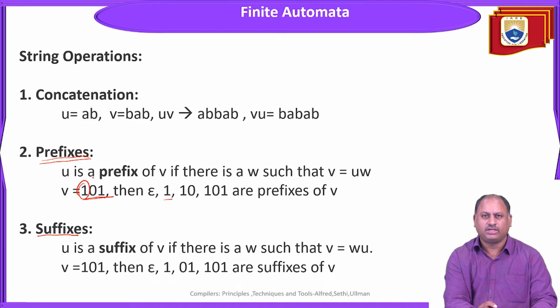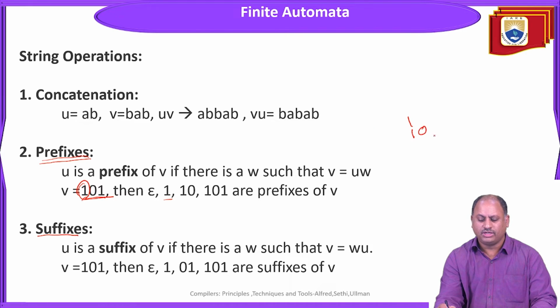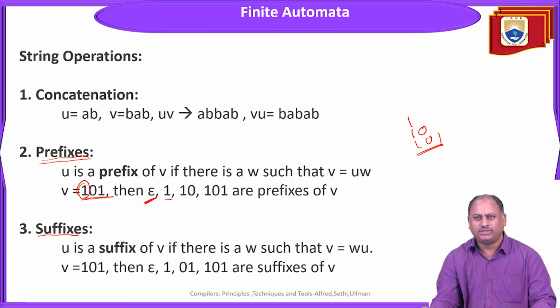What are the characters available before the rest of the string? That means the first character 1, the first two characters 10, and the three characters 101. Those are called prefixes. And we can also add epsilon, the empty string. Why? Because epsilon is an empty string defined over an alphabet, and it is also considered a prefix and a suffix.